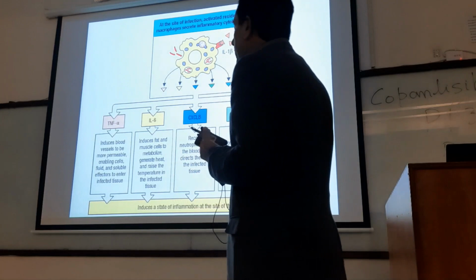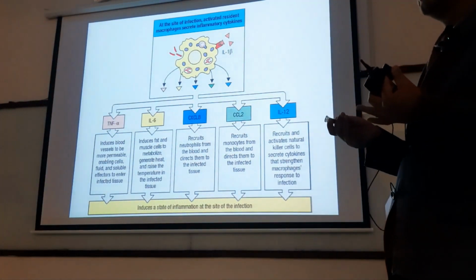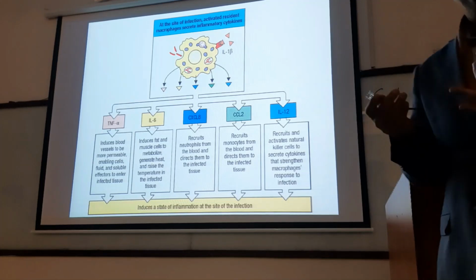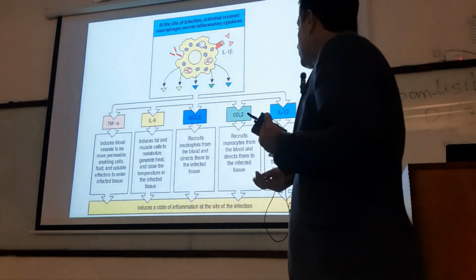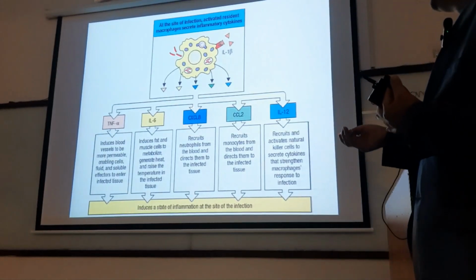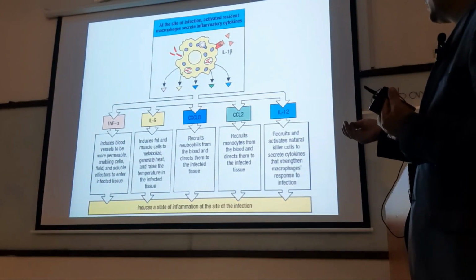That's why they are needed, and they are going to secrete more cytokines to enhance this process of clearing the pathogens with the help of other cells, and also by contributing themselves. So this is about CXCL8.